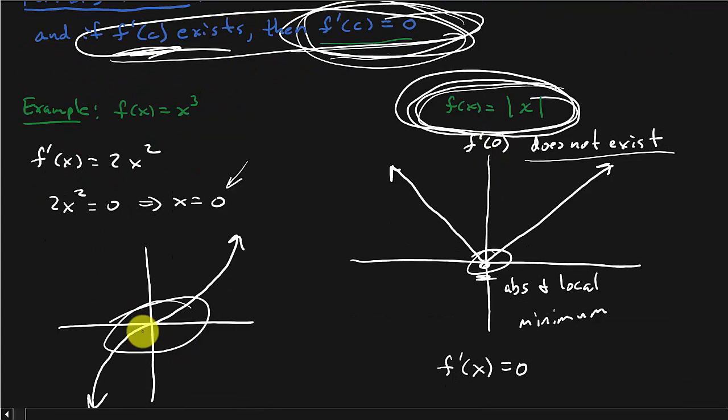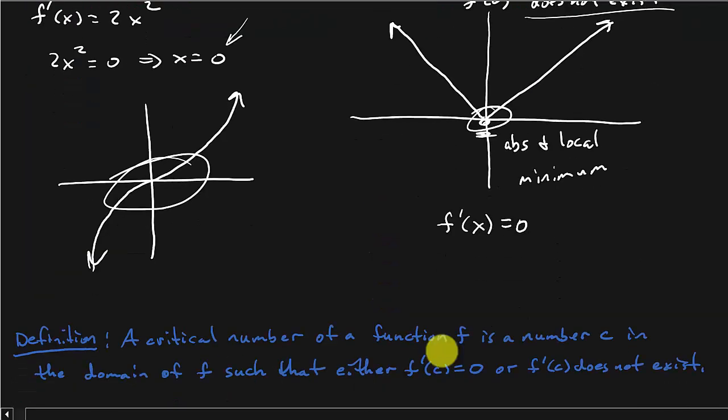And this one just didn't have a local max or min, even though the derivative is 0. Just because the derivative is 0 at x equals 0 doesn't ensure that it's a local max or min. So be real careful about that.